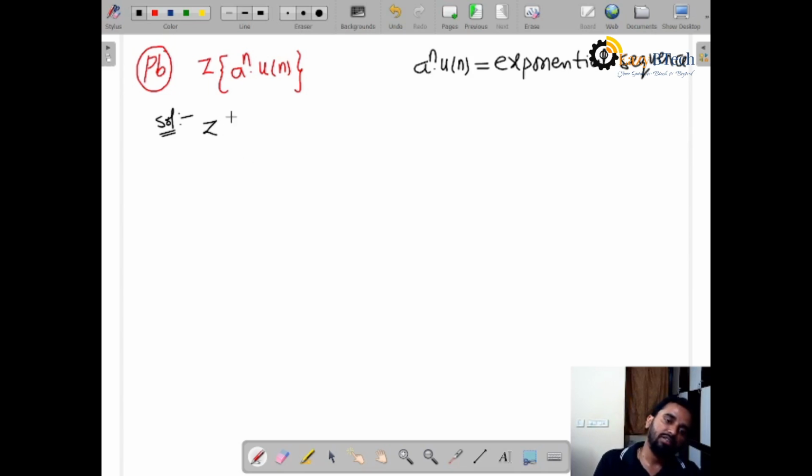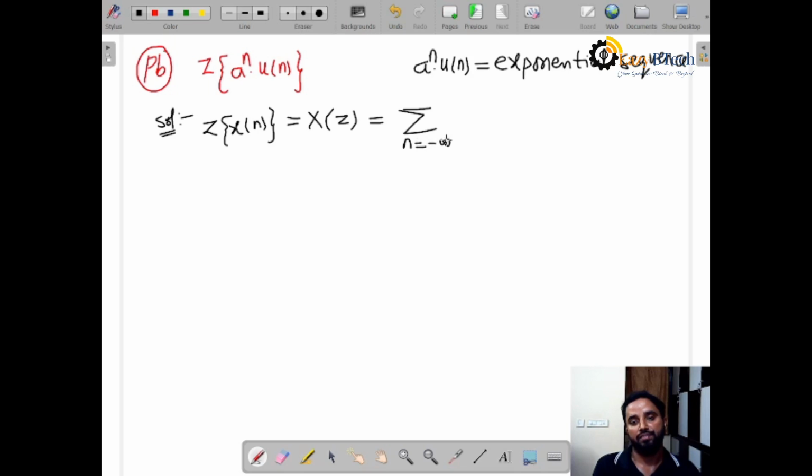We know that the Z transform of a signal x of n, X of z, is equal to the summation from n equals minus infinity to plus infinity of x of n z power minus n.